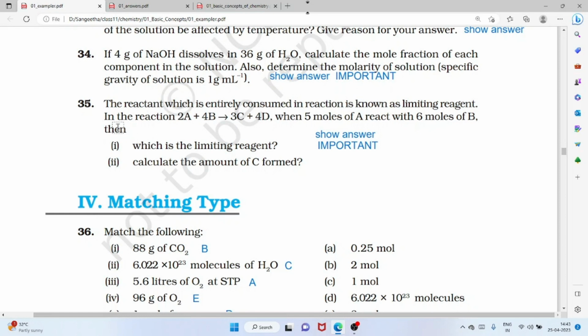In the reaction 2A plus 4B gives C, when 5 moles of A react with 6 moles of B. If we are taking 5 moles of A, we need 10 moles of B, because 2A needs 4B, so twice that. But they are saying only 6 moles is there. Then identify the limiting reactant and calculate the amount of C formed.